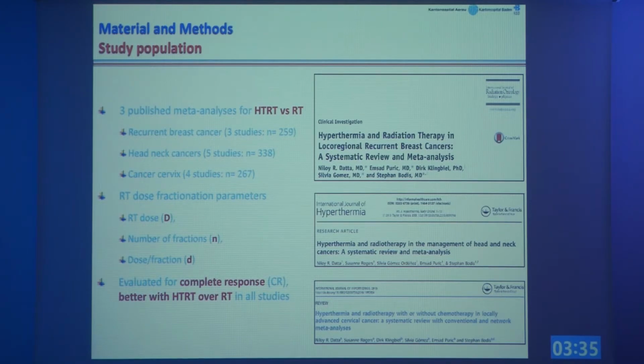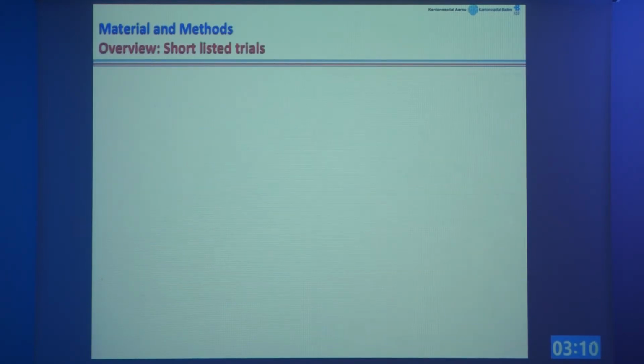Studies were selected only if the definitive RT dose, the number of fractions, and the dose per fraction were mentioned, and all patients were uniformly treated with once-a-day fractions. We checked only the endpoint of complete response for the first part of the study.